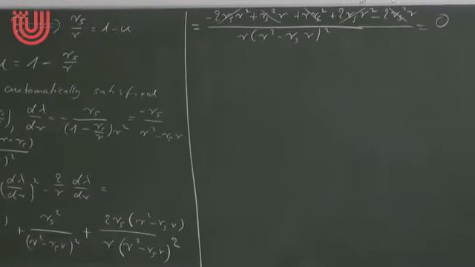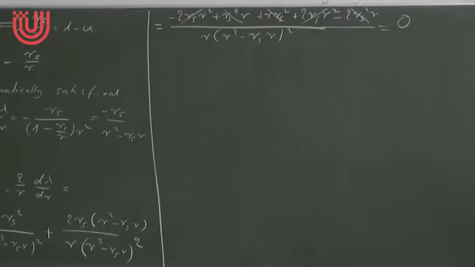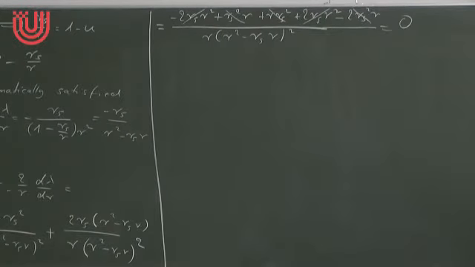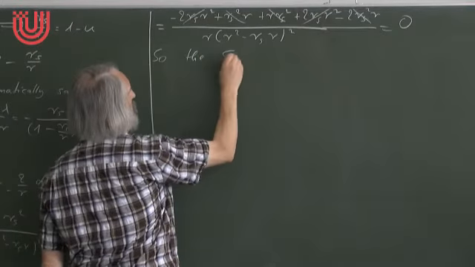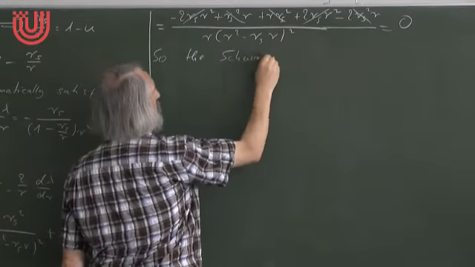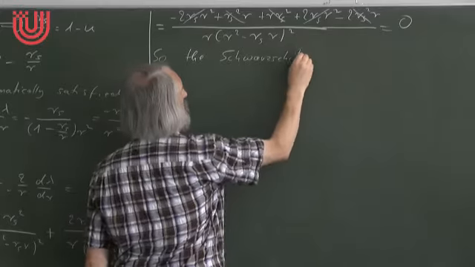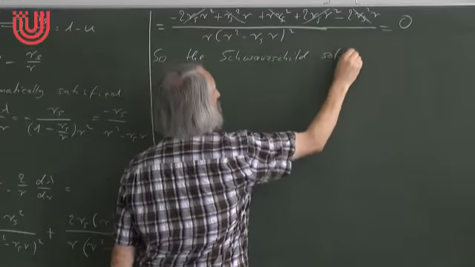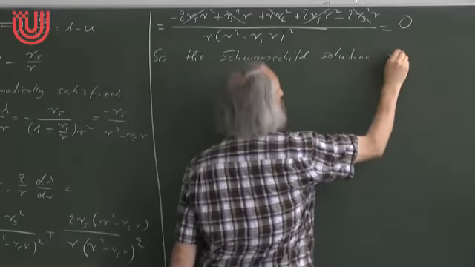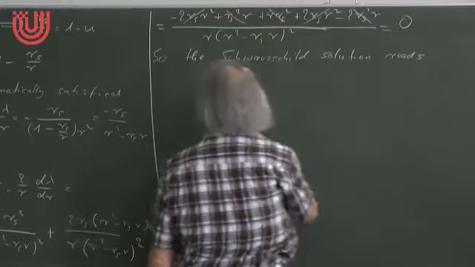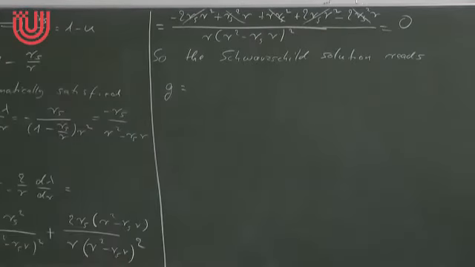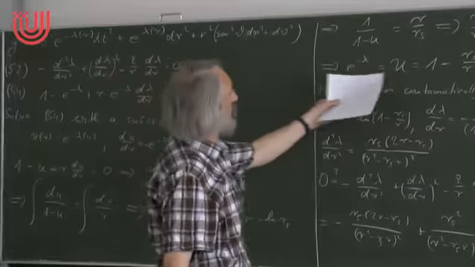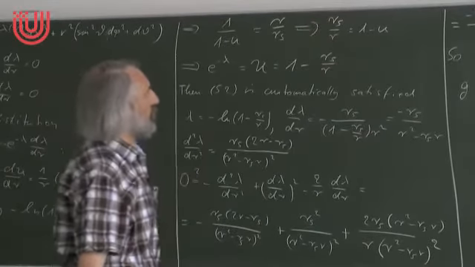So we have solved our system of equations. We have found the most general solution. So we have found the Schwarzschild metric, the Schwarzschild solution. We had e to the minus lambda. I now write this solution, 1 minus rs over r.